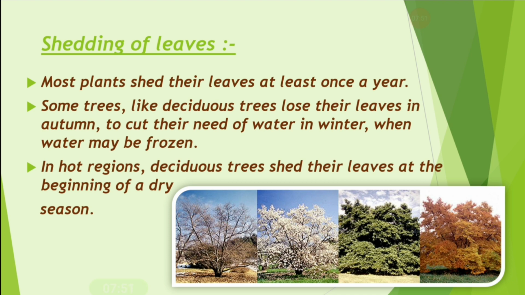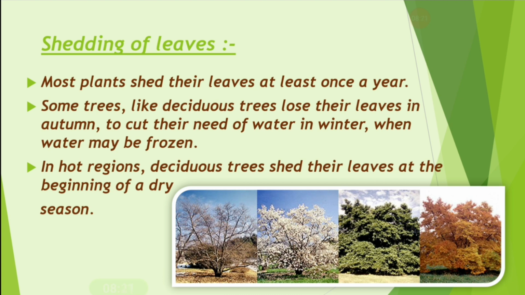So students, some of the trees like deciduous lose their leaf once a year in autumn season. For the preparation of winter, it sheds its leaf to reduce the water consumption because in winter season all water is in the frozen form.